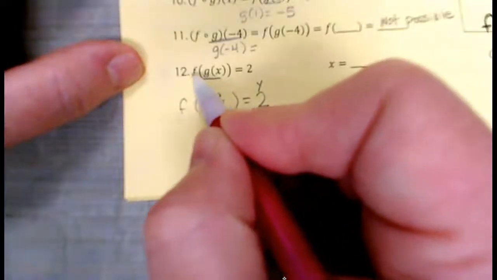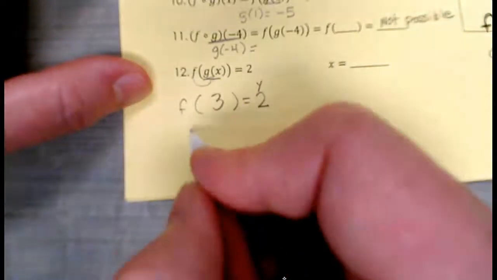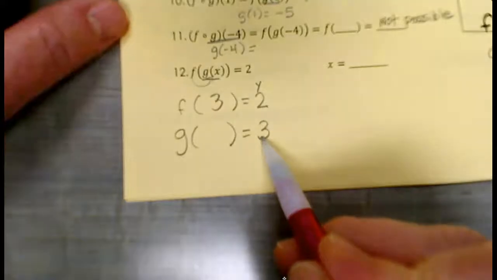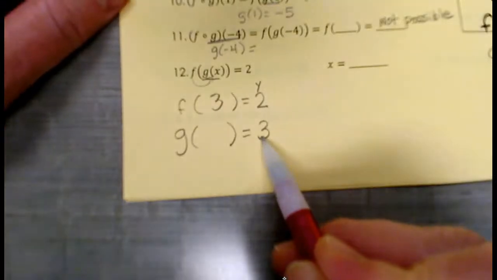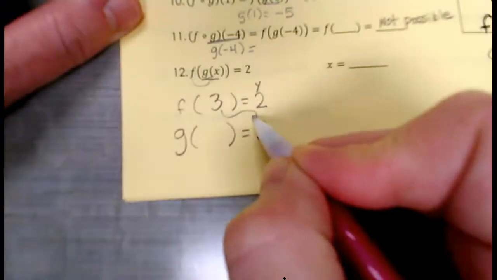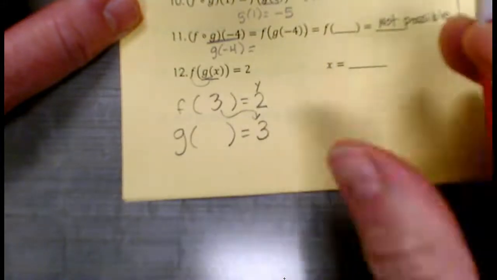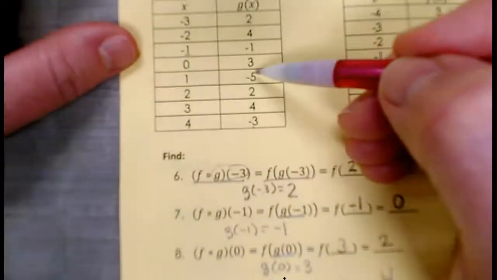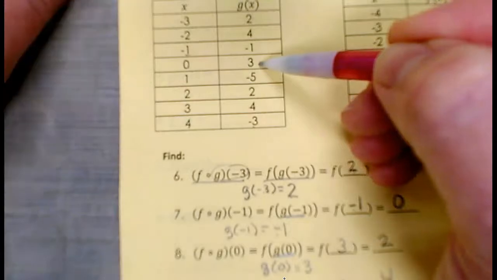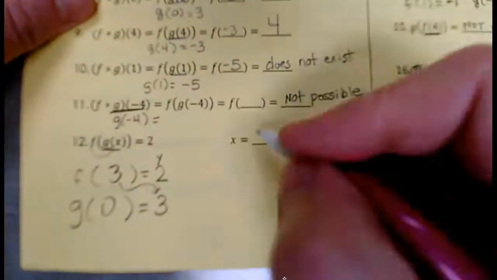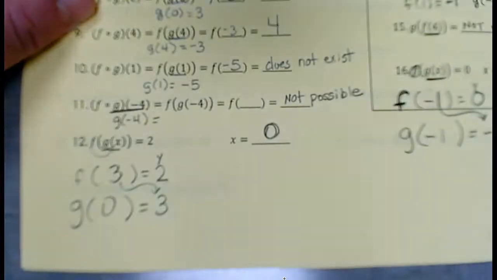Then that number becomes the y value, and what's the x value if the y value is positive 3? The x value is 0.